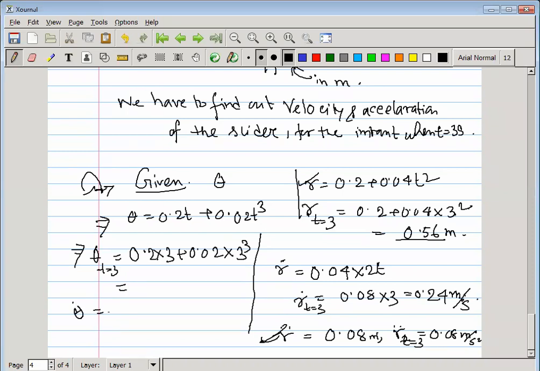Theta dot, the angular velocity, is 0.2 plus the derivative, 0.02 into 3t square, and theta dot at t equal to 3 is 0.2 plus 0.02 into 3 into 3 square.